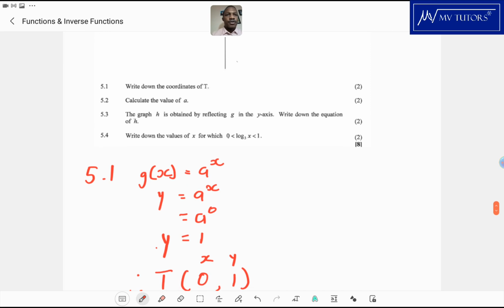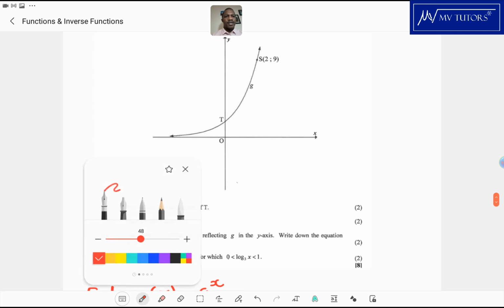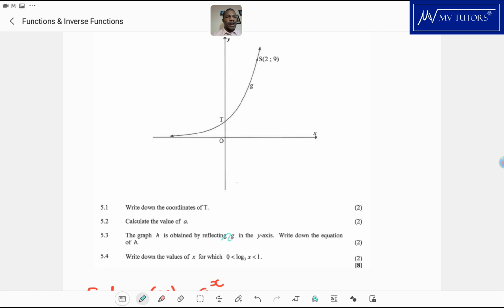Now, let's move on to the next question. They say 5.3, the graph H is obtained by reflecting G in the y-axis. Write down the equation of H. Okay, so what they're telling us is that they are reflecting g of x by the y-axis. So by the y-axis here, we're putting a mirror here.